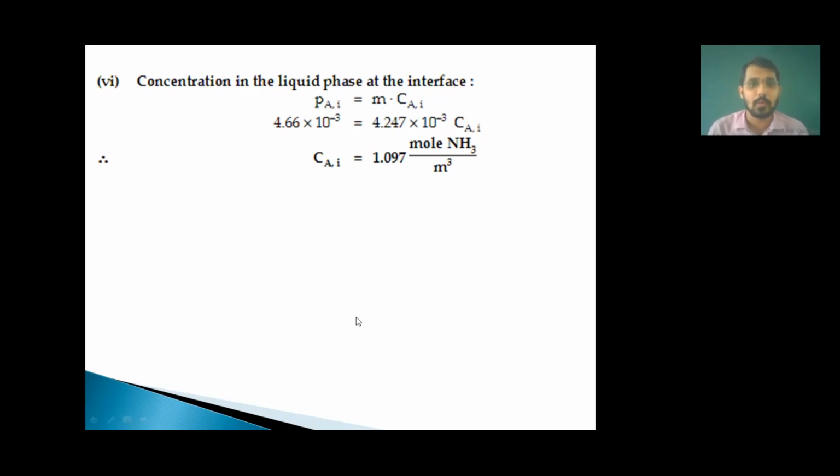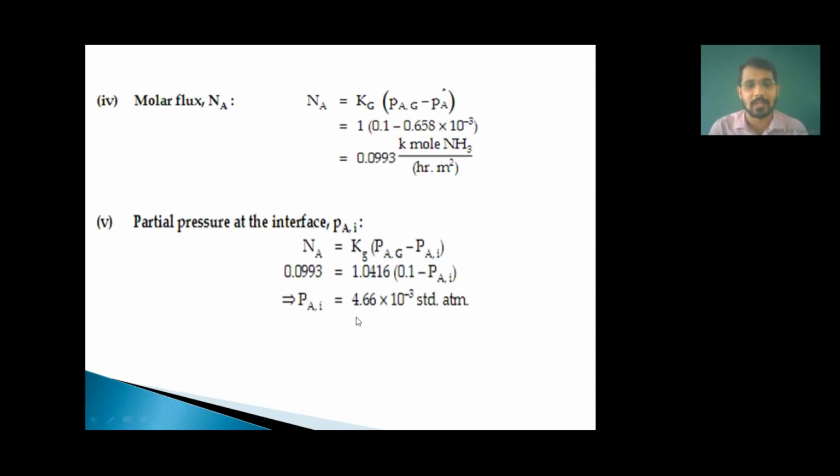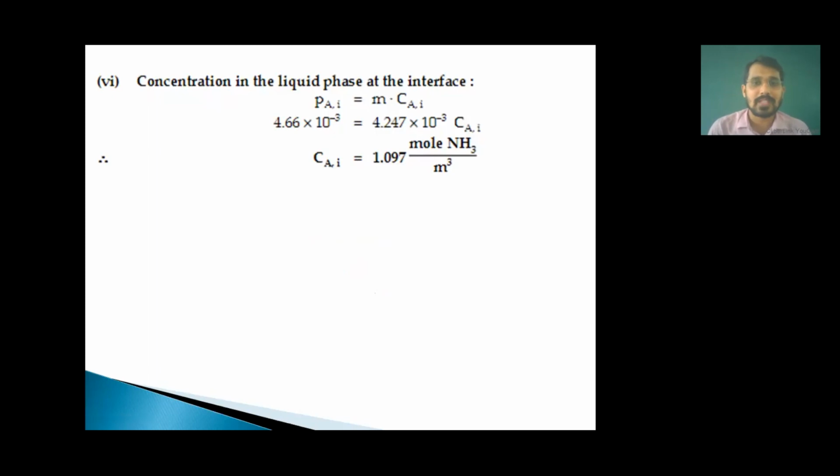PAI is equal to 4.66 into 10 raised to minus 3, which we calculated in the previous term, and M is given, 4.247 into 10 raised to minus 3, the Henry's law constant. After putting all these values, you will get CAI equal to 1.097 mole NH3 per meter cube of the solution.